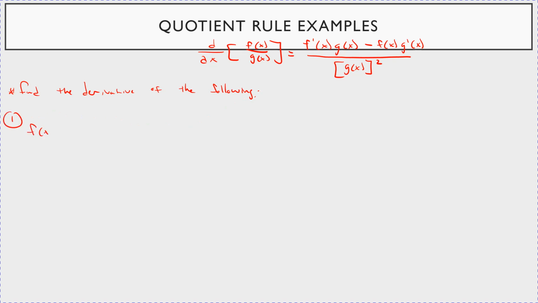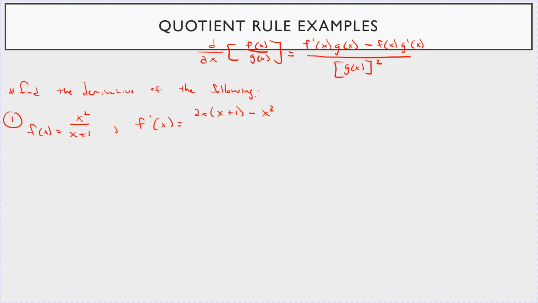Let's look at f of x is equal to x squared over x plus 1. So this is my f of x in the formula, and this is my g of x. So f prime of x, take the derivative of the numerator, which is 2x, times the denominator, which is x plus 1, minus the numerator, which is x squared, times the derivative of the denominator.